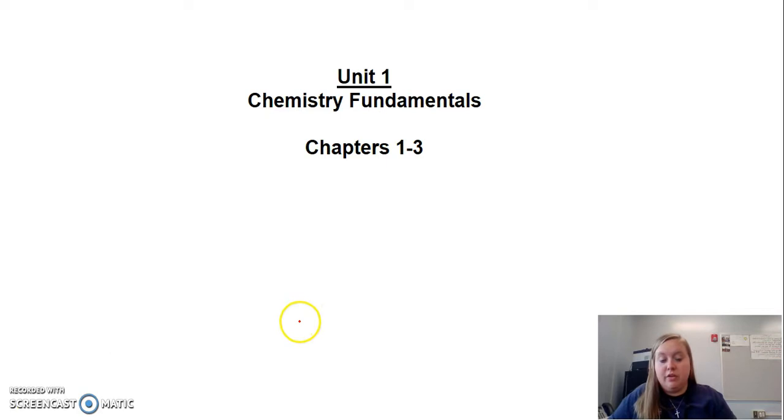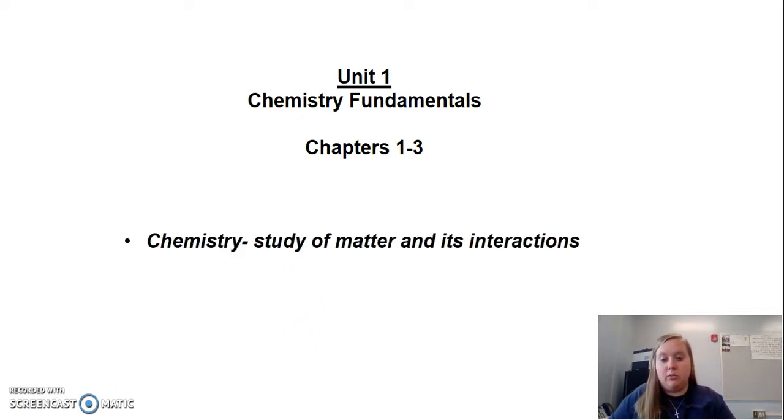All right, so the first section that we're going to look at is the first part of Chapter 1, which deals with just the definition of chemistry and scientific method and things like that. I'm going to go through this very briefly because it is a lot of just definitions and conceptual things. Chemistry by definition is the study of matter and its interactions.